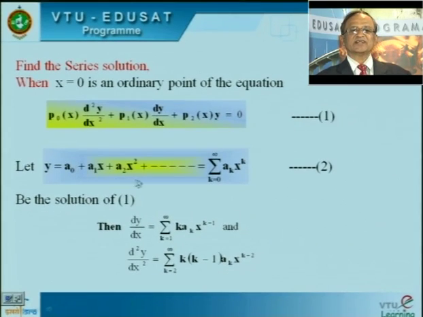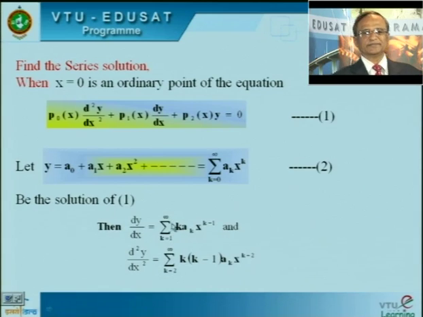When we differentiate all these terms, the first term becomes 0. So, that is why instead of 0, you can write k is equal to 1 to infinity. All other terms remain or exist except the first term when we are differentiating all these terms. So, that is why I have replaced k by 1 to infinity.